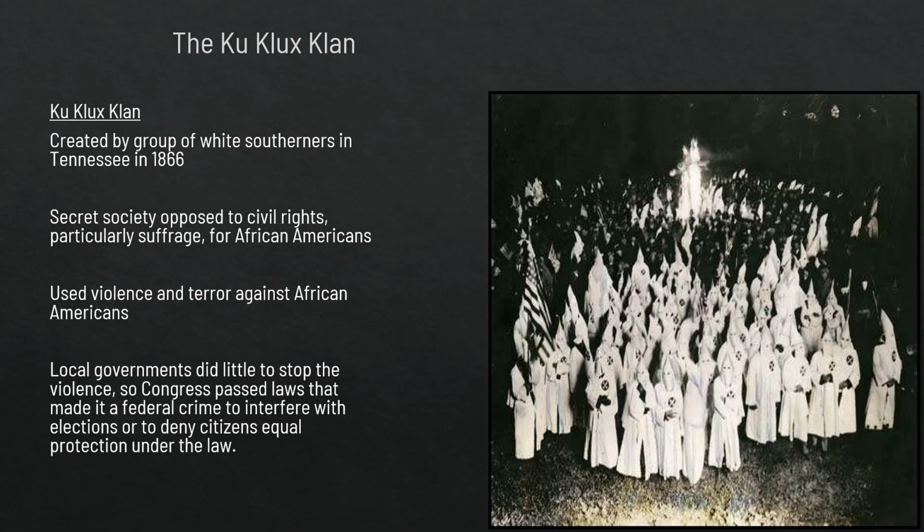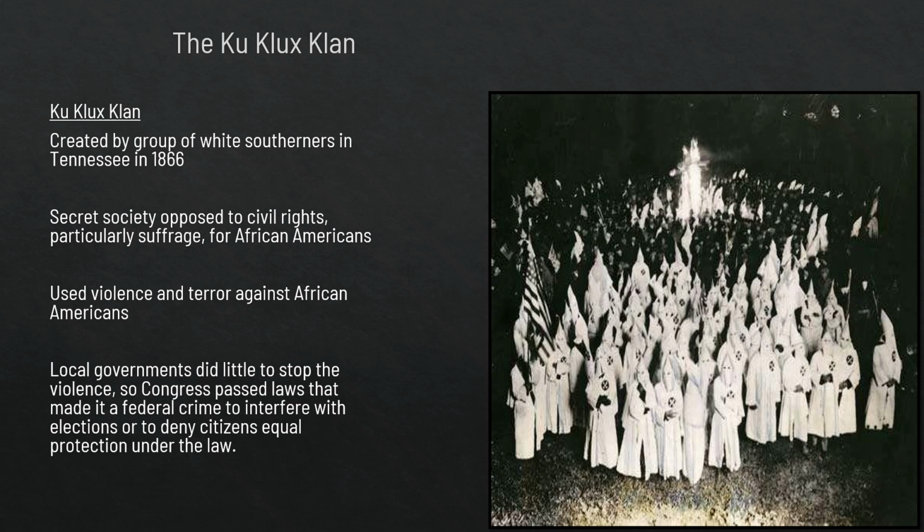Okay, so one of our last slides discusses the end of Reconstruction. We talked about Southern Democrats. They regained control of their state governments. These are known as Redeemers. They're white Southerners, and their whole goal is to restore pre-war social and political norms the best that they can.